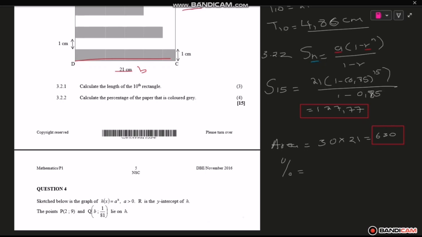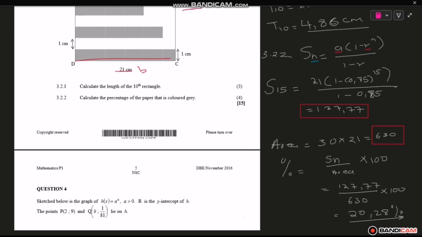Therefore, percentage equals Sn over the area multiplied by 100. What is Sn? It's 127.77 over the area, which is 630, times 100. Therefore, what is the percentage? Let me use my calculator. It's 20.28%. So this is our answer.